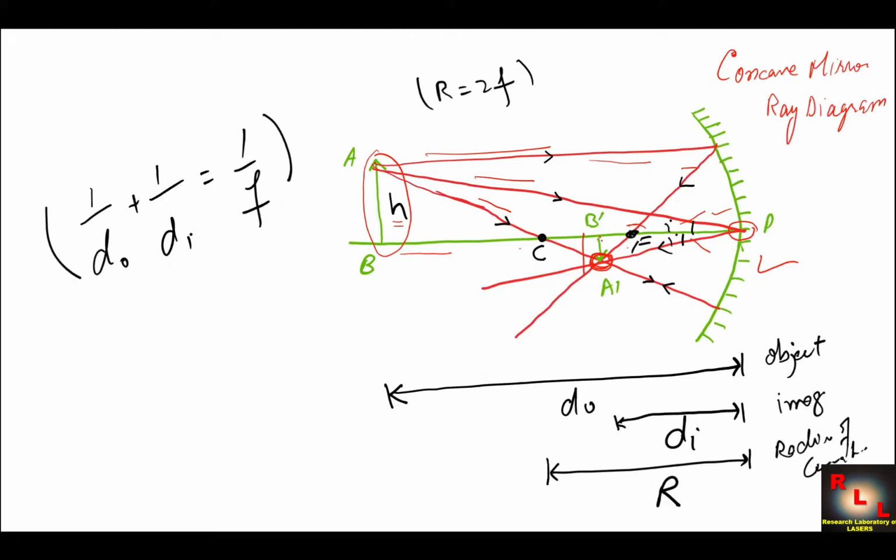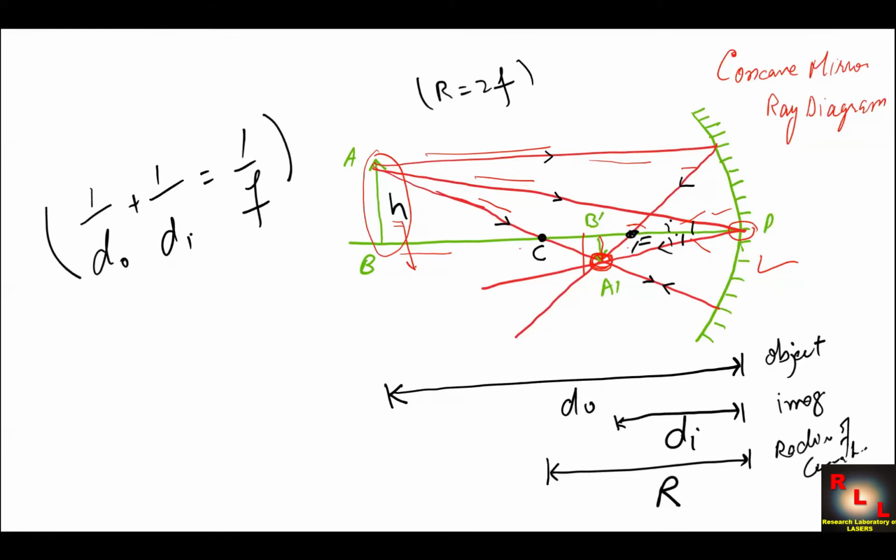And this is how we can find out where the image can be formed, if we know the exact values of the position of the object and the focal point.